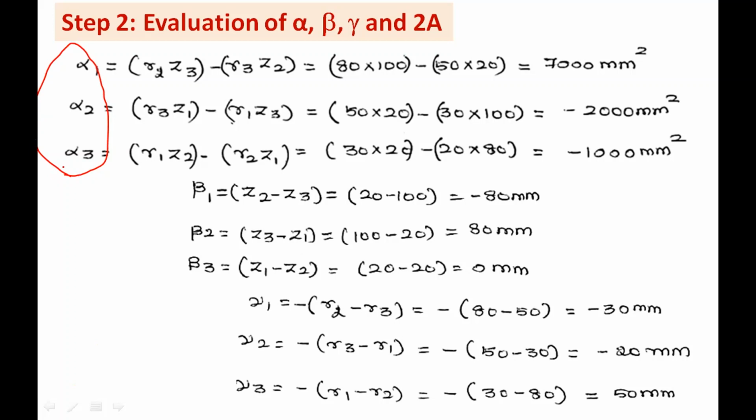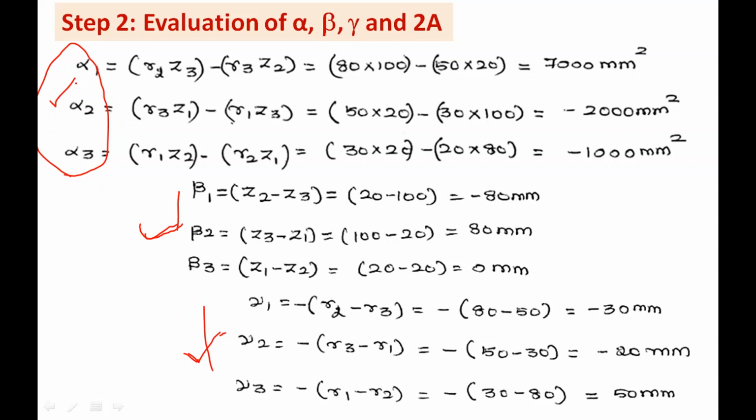In case of plane stress and plane strain conditions, we found only beta and gamma values. I think you will remember in the previous part we solved many problems in plane stress and plane strain conditions. In those conditions we have only beta values and gamma values. Here we have to find the alpha values also.